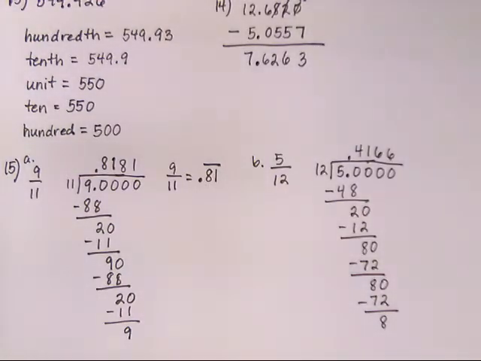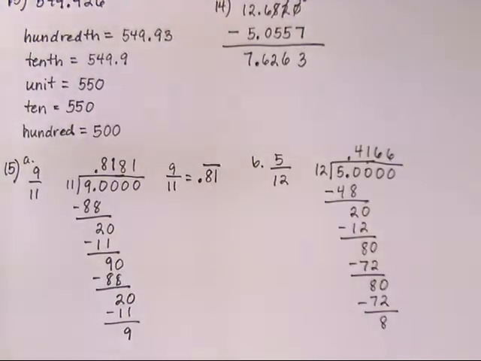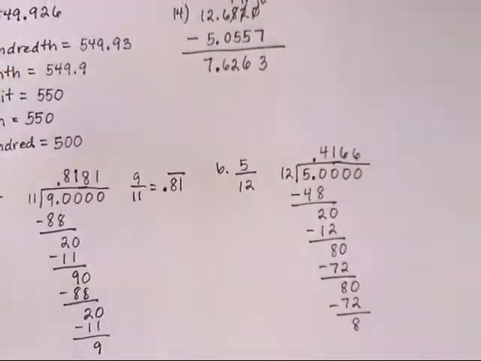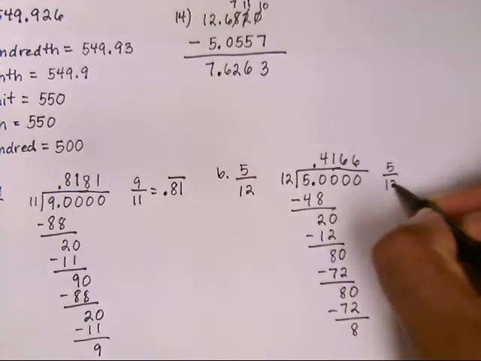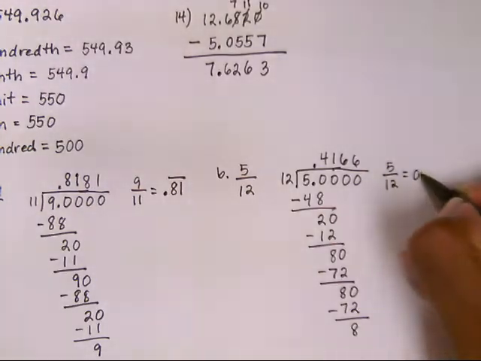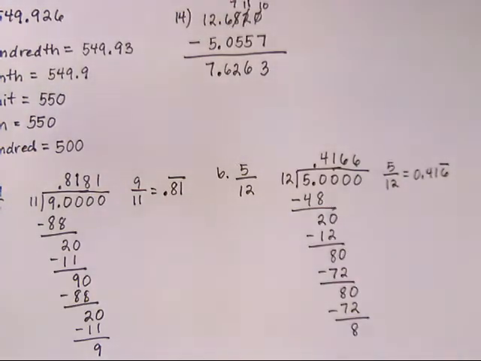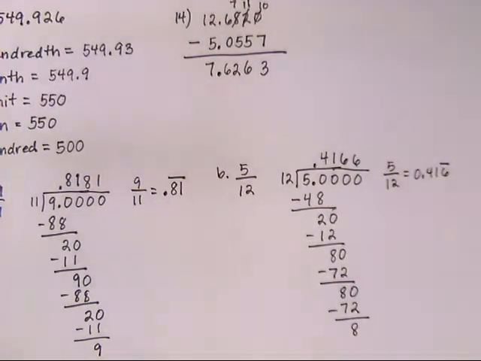And pretty much you can see that only the 6 is going to be repeating each time. So here 5/12 as a decimal will be 0.416, and I'm only putting a bar above the 6 to indicate that only the 6 repeats.